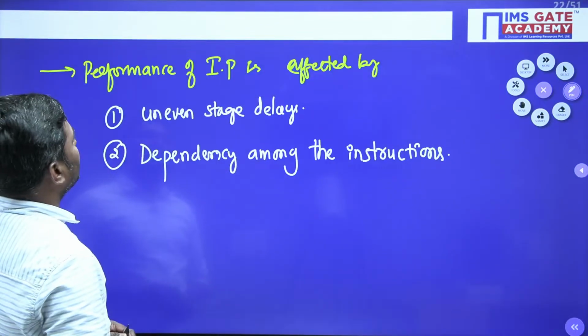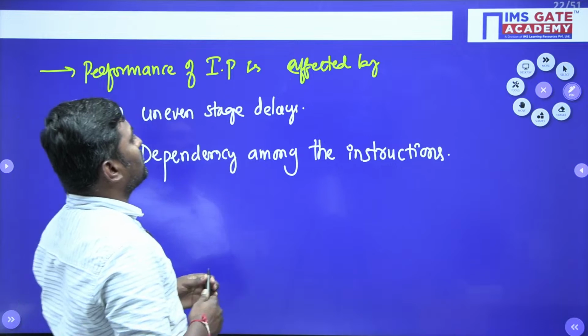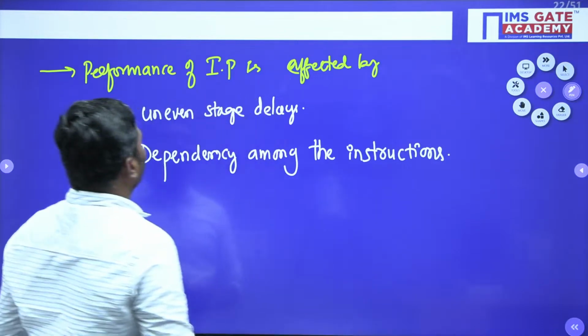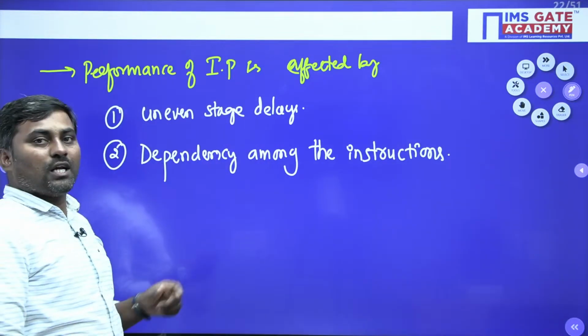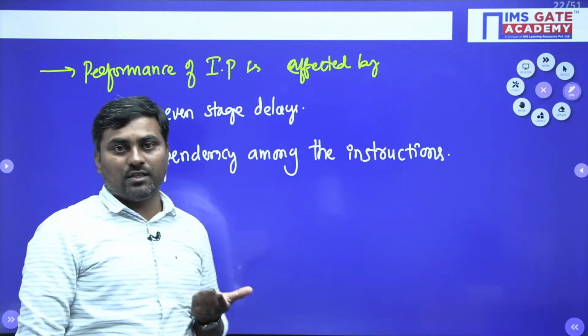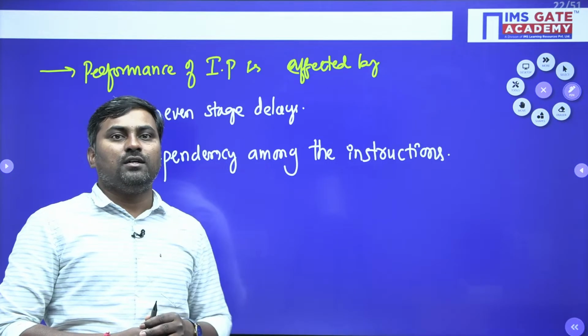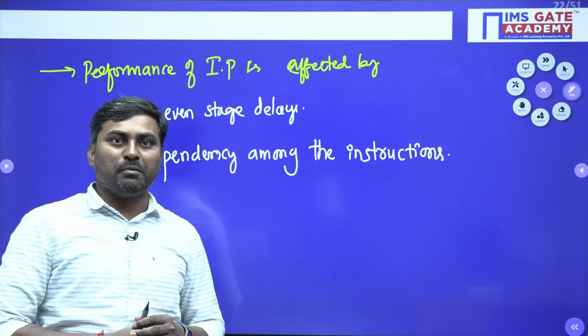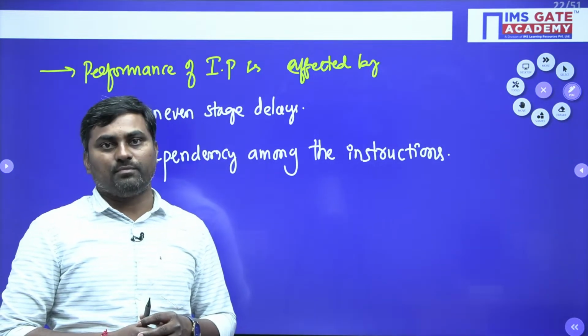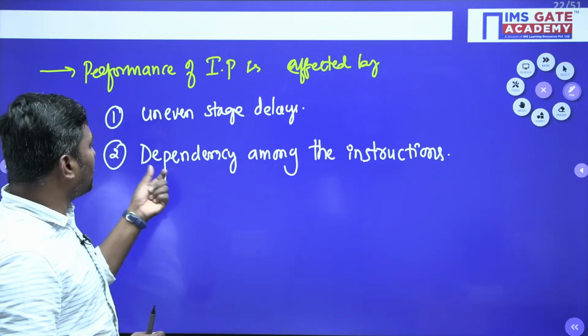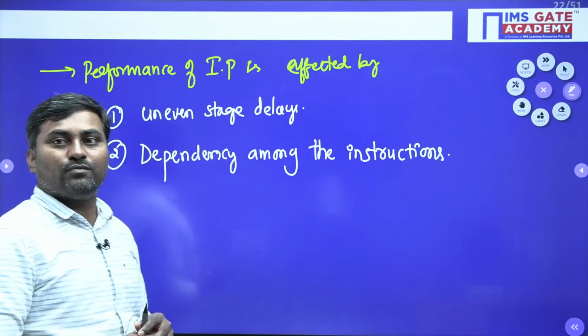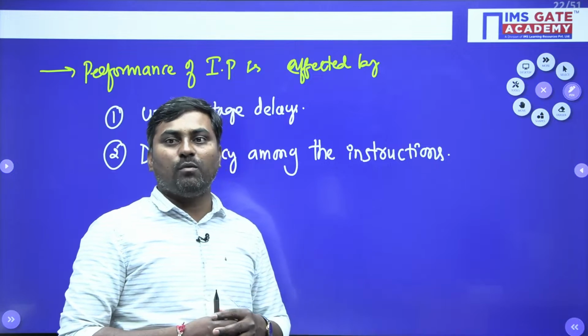What I was trying to say: the performance of the instruction pipeline is affected by two reasons. One is uneven stage delays, nothing but different stage delays. If the stage delays are different, definitely it impacts the performance of the instruction pipeline. The speedup factor gets affected. Second is the dependency among the instructions, which also reduces the performance of the instruction pipeline.